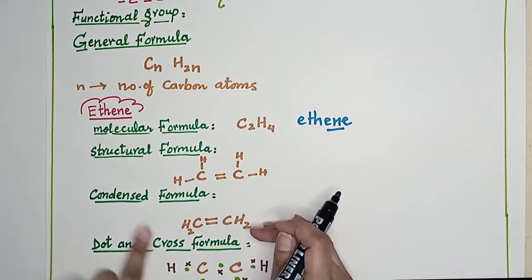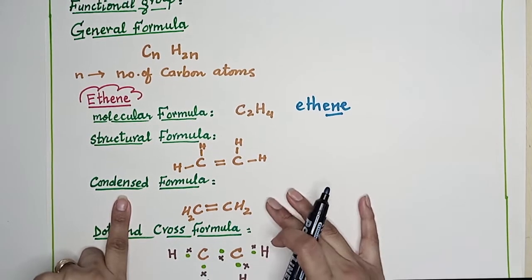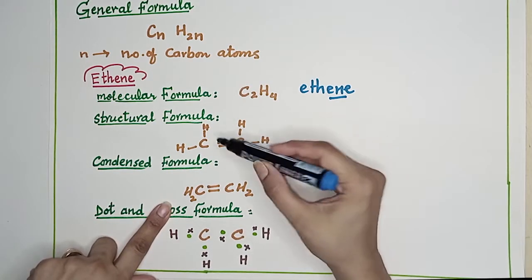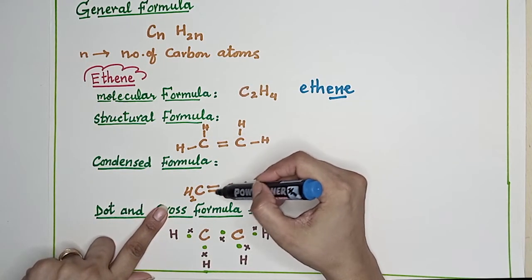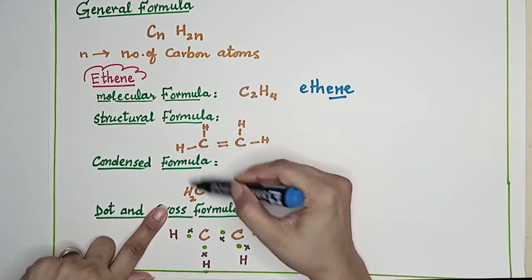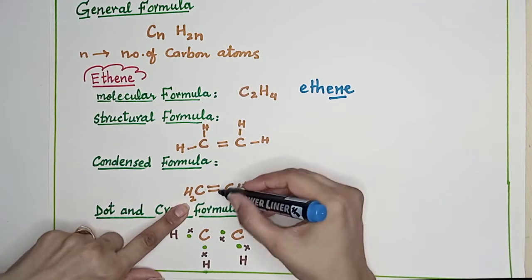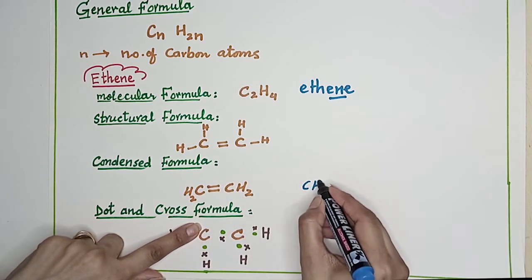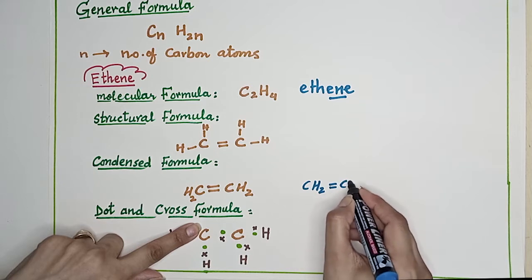If we want to condense it in condensed formula, how we will condense it? Yes, C will be bonded with these double bonds. Along with it, we have two hydrogen atoms, will be written CH2. The bond is between C double bond. We will not write it like this, CH2, CH2.